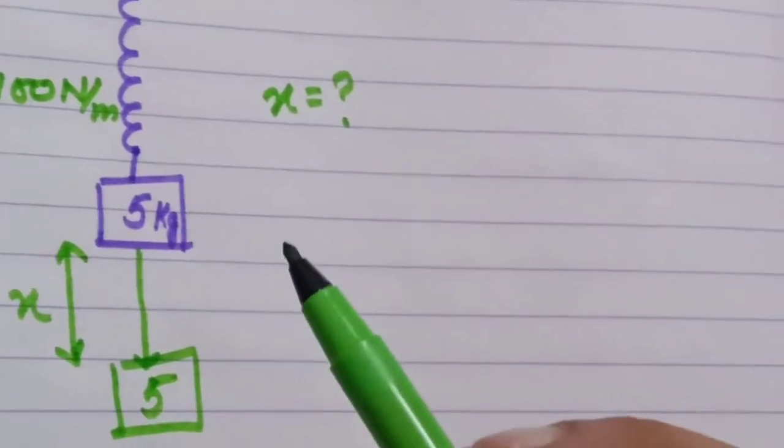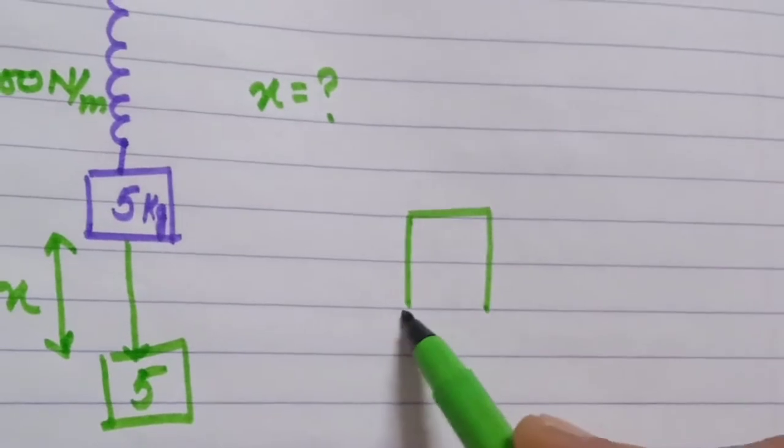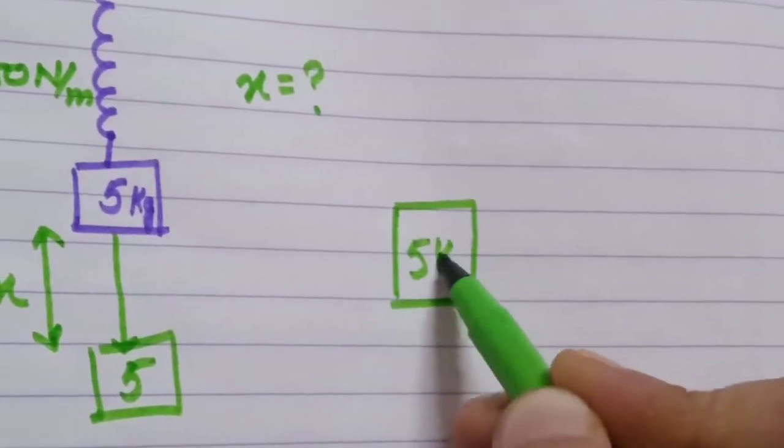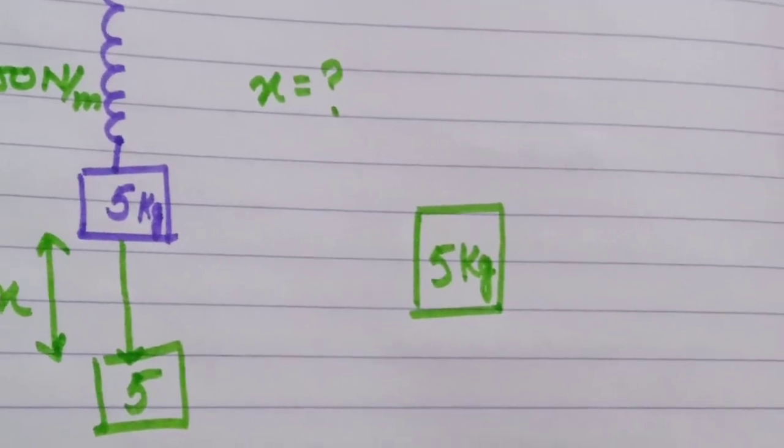For this, first we draw the FBD of 5 kg block. If you want to know how to draw FBD, click on the I button.